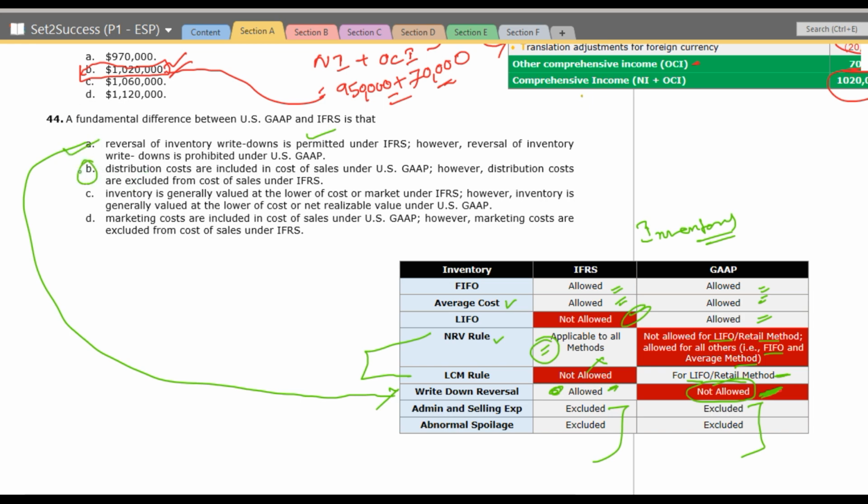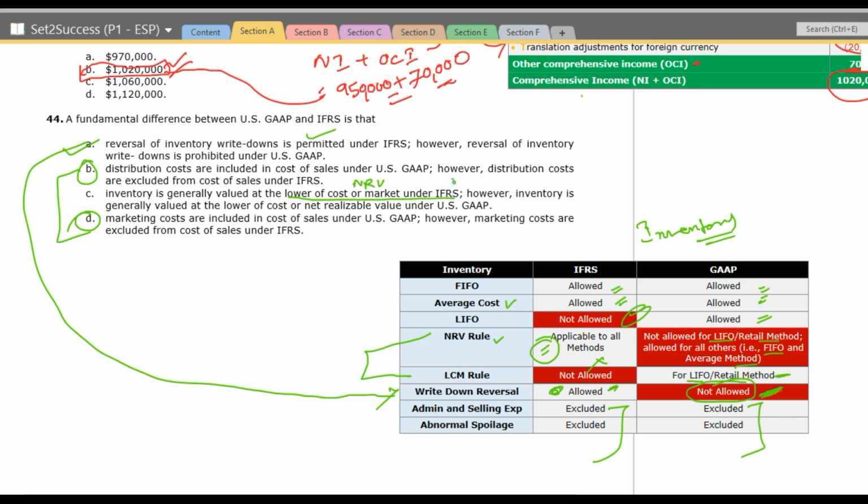Options B and D: there is no difference in distribution cost and marketing cost. Distribution costs are included in cost of sales under US GAAP. However, distribution costs are excluded. There is no difference in distribution costs and marketing costs. But inventory is generally valued at lower of cost or market under IFRS. Under IFRS, we use the NRV rule. We don't use lower of cost or market.